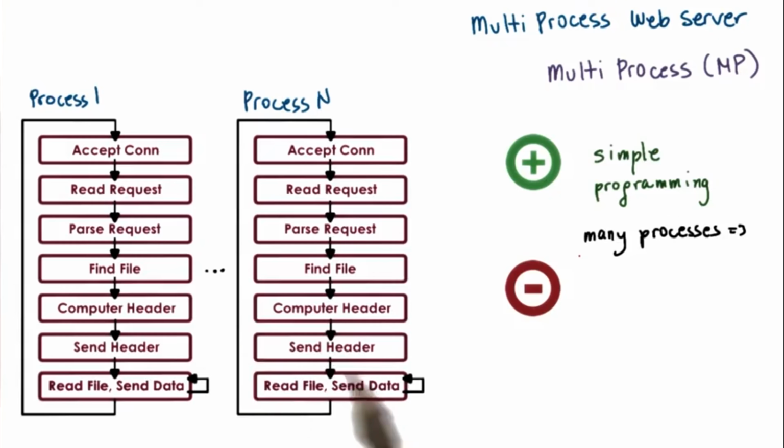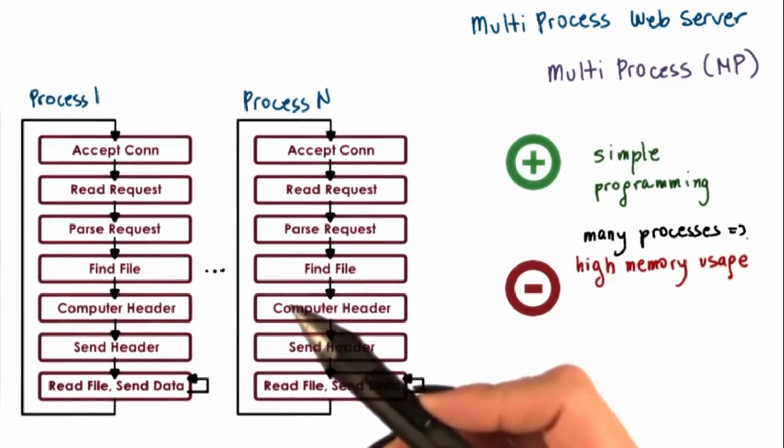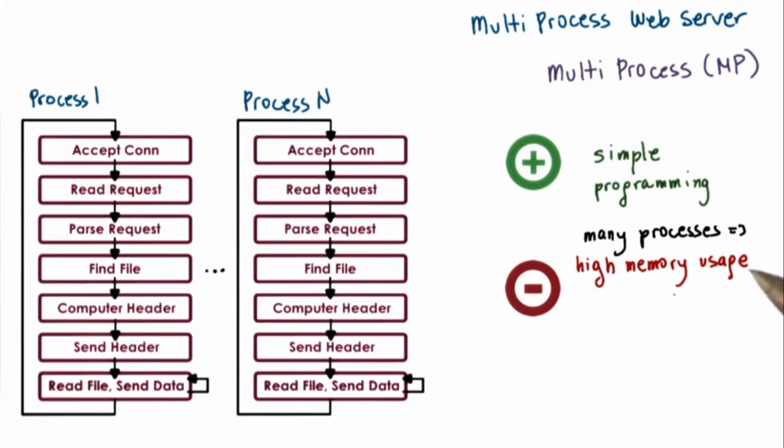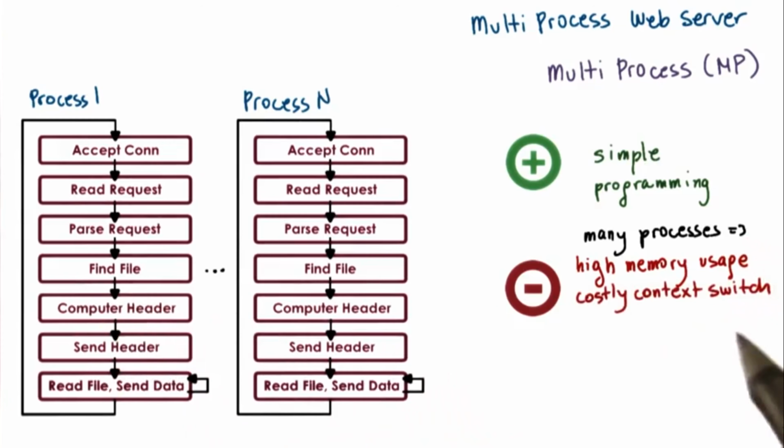There are some downsides, however, with running multiple processes on a platform. We'll have to allocate memory for every one of them, and this will ultimately put high load on the memory subsystem, and it will hurt performance. Given that these are processes, we already talked about the cost of context switch among processes.